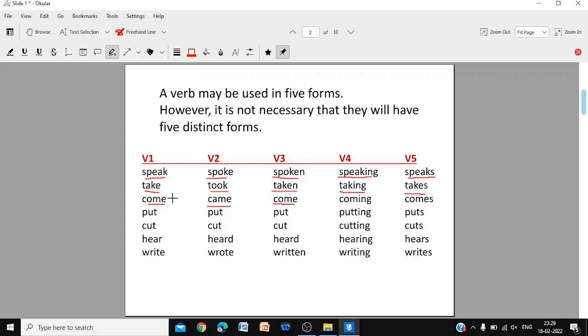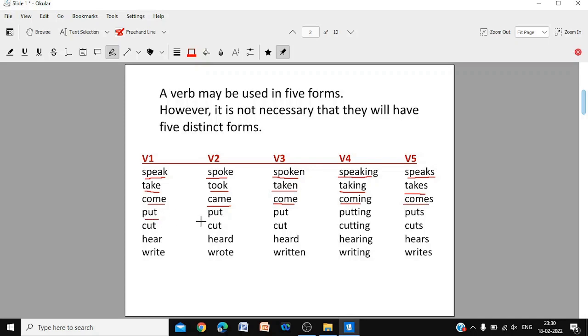See that V1 and V3 forms are identical. And that's why we said a verb has 5 forms, but not always 5 distinct forms. Then we have coming and comes. That is the root word come with S.